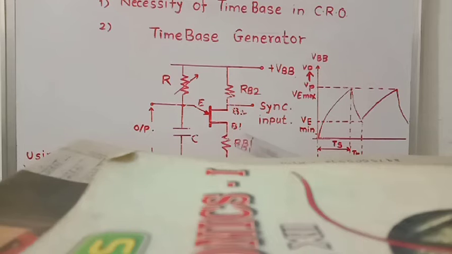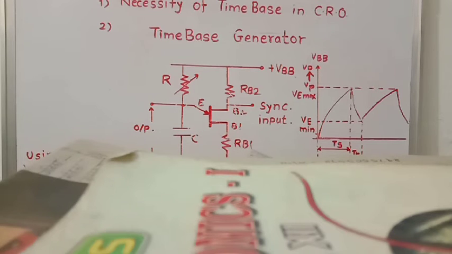So how do we calculate the voltage across RB1? By using the voltage divider formula, the voltage across RB1, say V1, is RB1 divided by RB1 plus RB2.